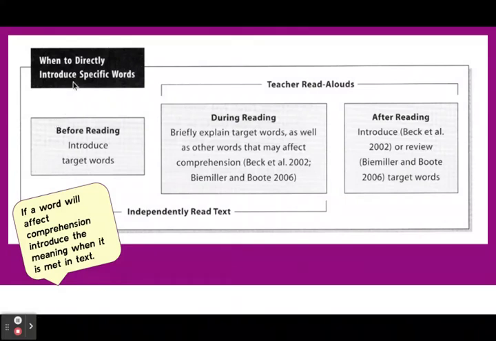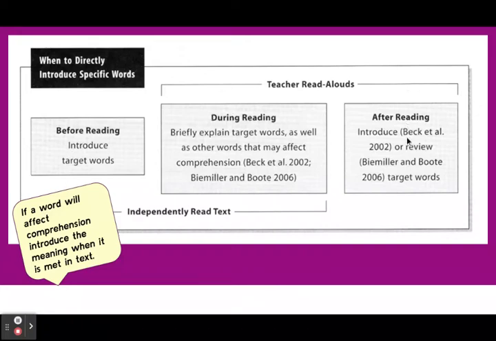So when to directly introduce specific words. Before reading, you want to introduce target words. Any reading, really. Read alouds or independent reading. During reading, briefly explain target words as well. You can do it as they're reading, so this could be independently read text or read alouds.